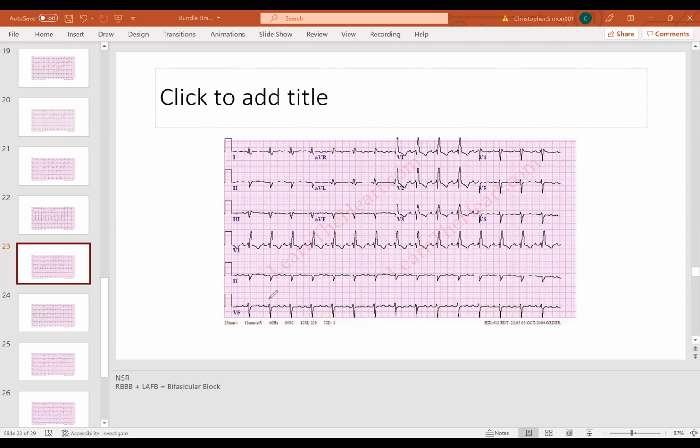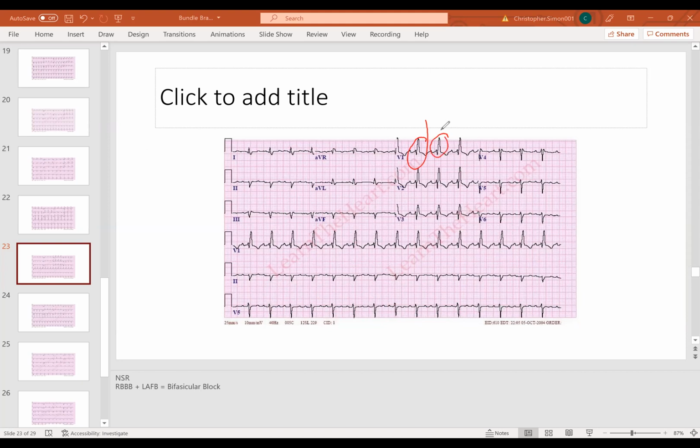Got a normal sinus rhythm, P waves present, regular, upright, same morphology, a P for every QRS and a QRS for every P, regular PR interval, and R to R is regular. So it looks like a sinus rhythm, right? But we have this wide QRS going on here.